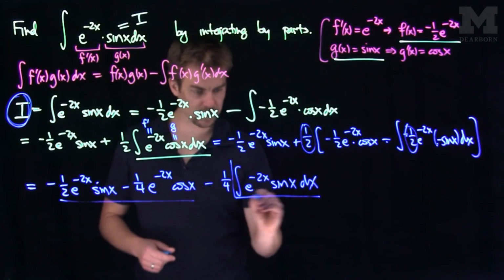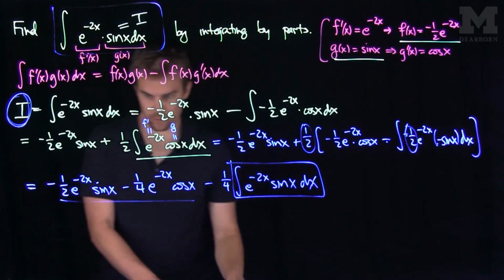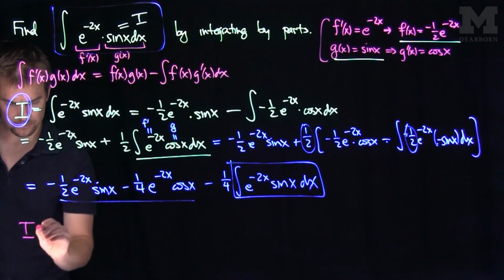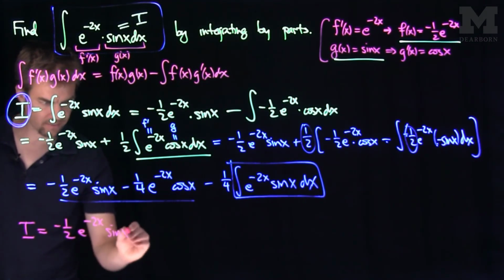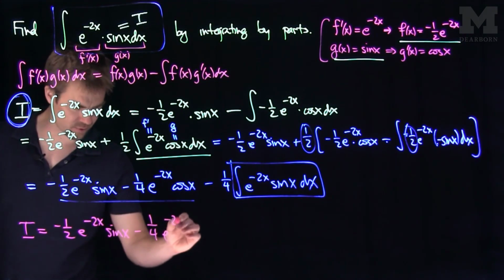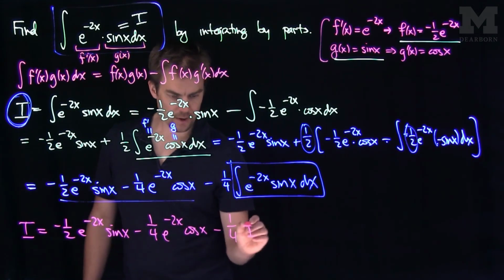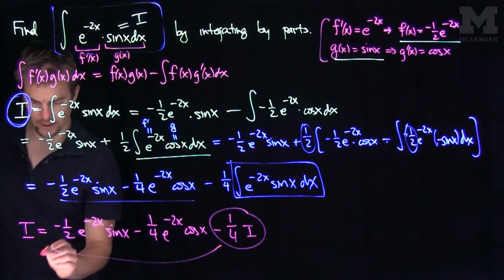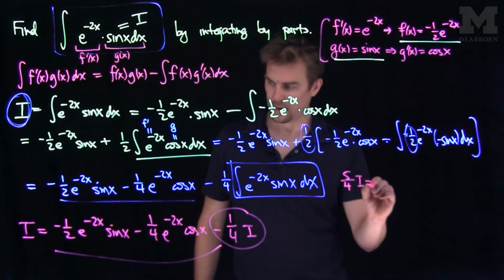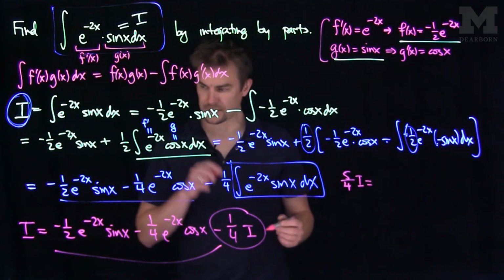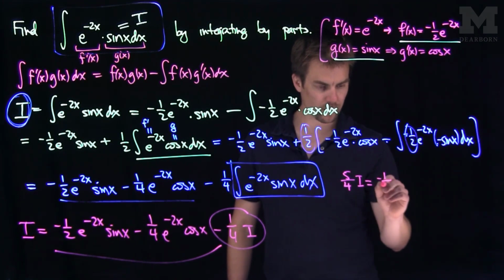This expression over here is exactly equal to I. So we have a relationship for I: I is equal to negative 1/2 e to the negative 2x sine of x minus 1/4 e to the negative 2x cosine of x minus 1/4 of I. If we take this negative 1/4 of I and put it over here, we'll have 5/4 of I. So 5/4 of I is equal to, let's pull out e to the negative 2x and a negative factor of 1/4.